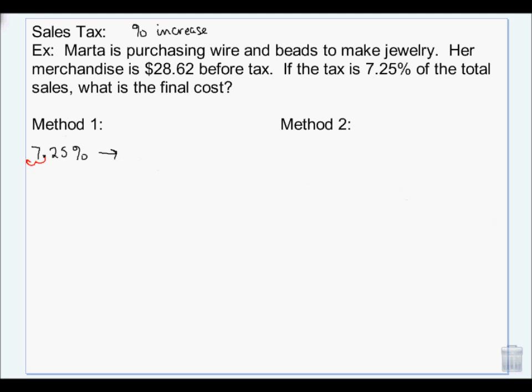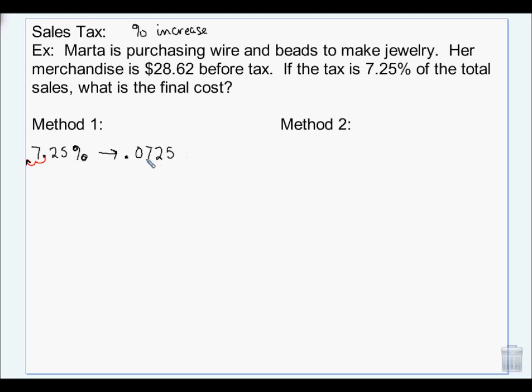It's 0.0725. It's always 2 with percent: you go to the left to turn it to a decimal, you go to the right to turn it to a percent.